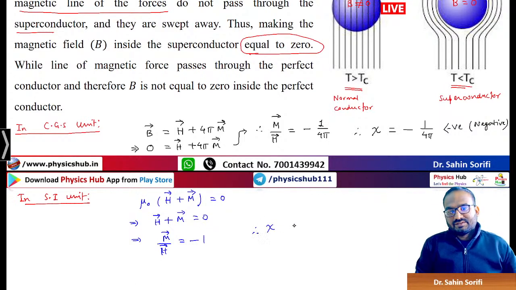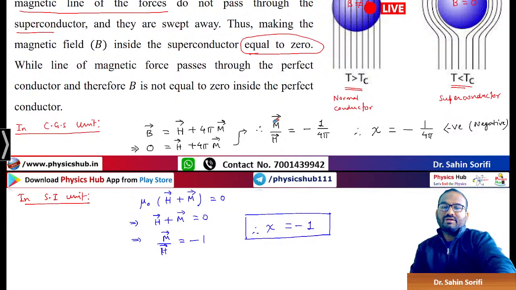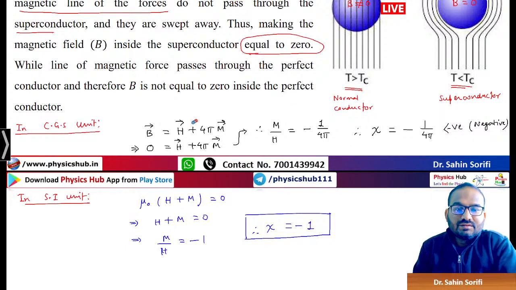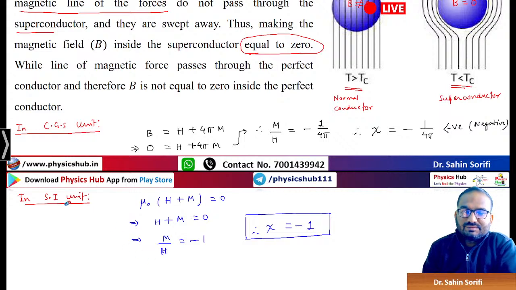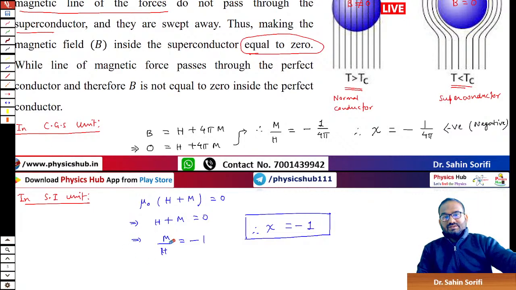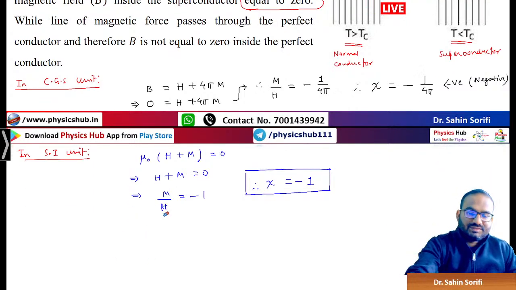So in SI unit, the magnetic susceptibility value is minus 1. To find the ratio, you can consider the magnitude also. Let's not make it complicated by vectors. You can just write without vector sign. If you have given vector sign, then that is also okay, no issue. Chi is known as the magnetic susceptibility.